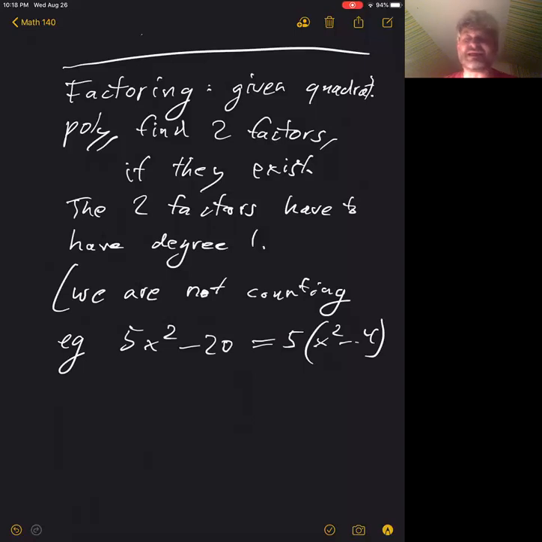Okay, so it is factored. There's two factors here, the 5 and the x squared minus 4. But it's just a constant. Okay, it's nice to see that. But it's still a degree 2 polynomial back there. So what really counts is if you factor it into factors and each of them is not a constant. That's really breaking it down into smaller parts.